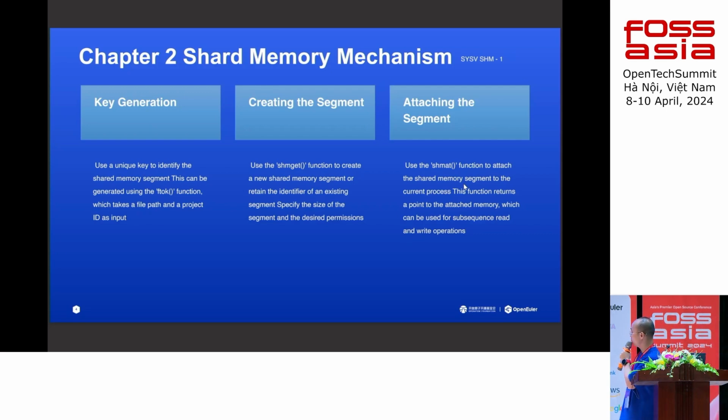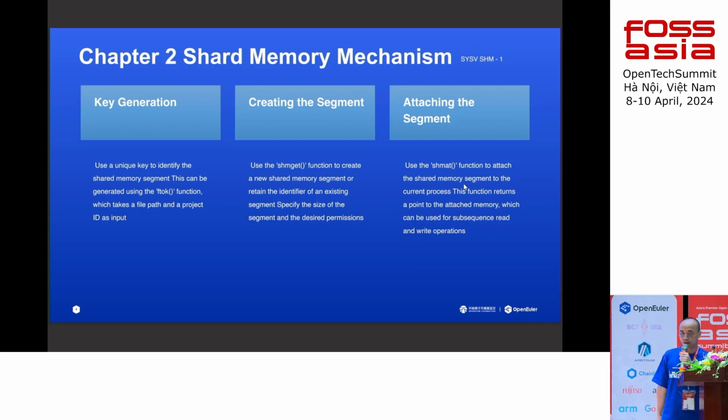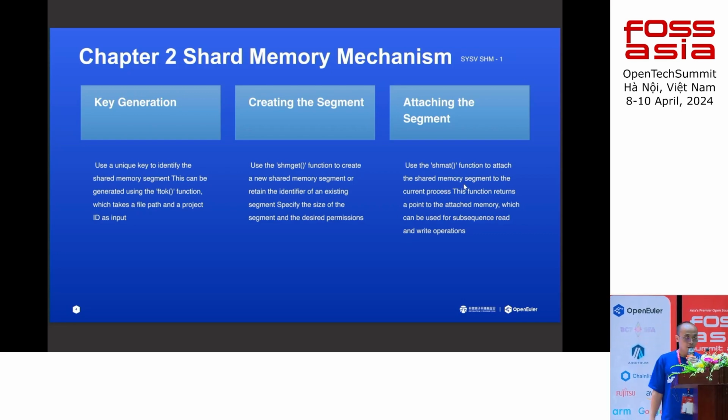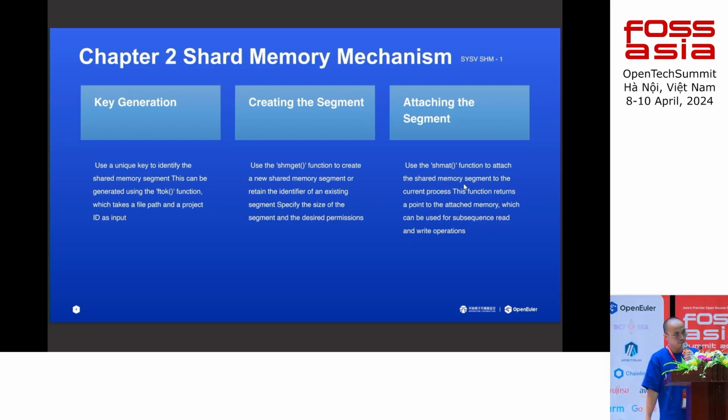The user process could use shared memory attach to map the shared memory region into its address space based on the unique key. And after attach, the user could gain the access control to the shared region if the user has proper access privileges.